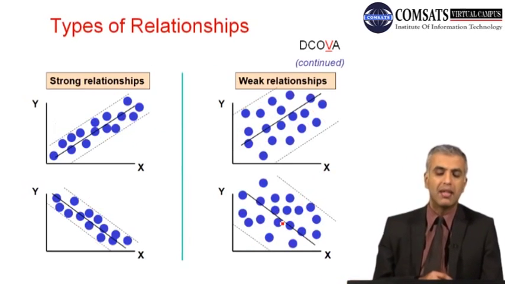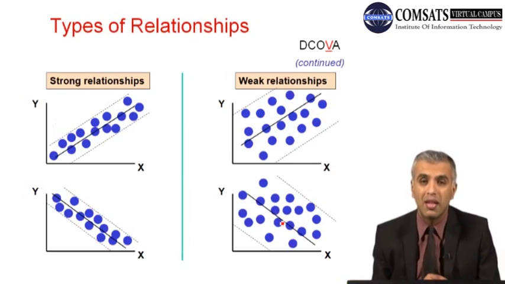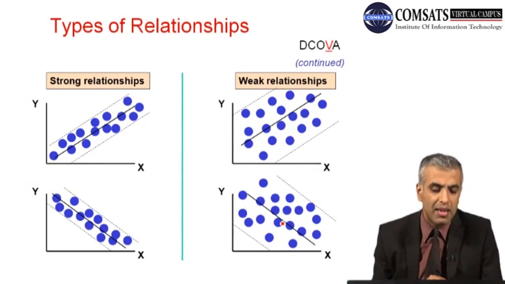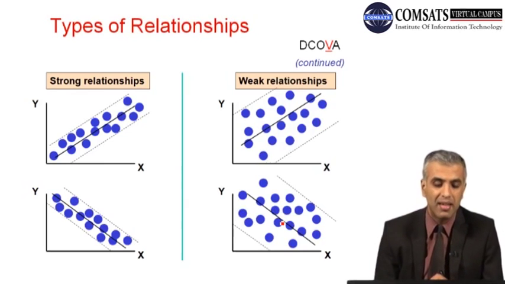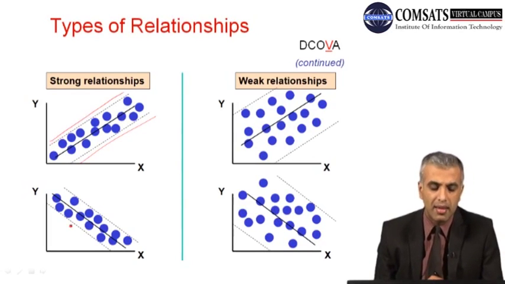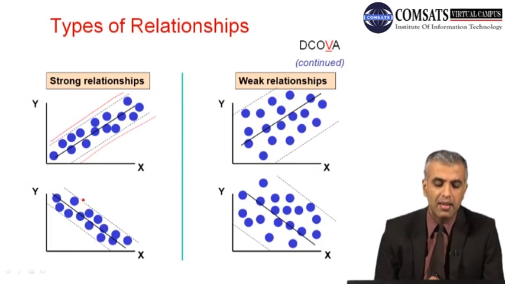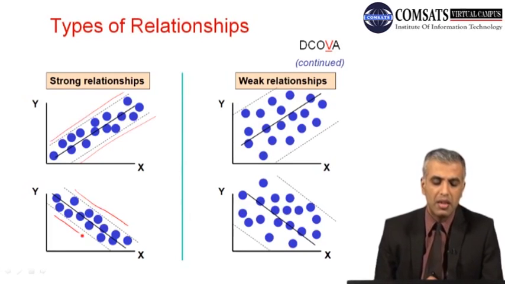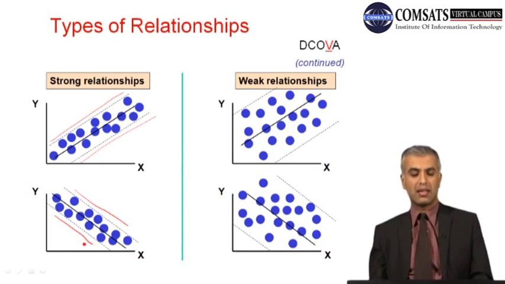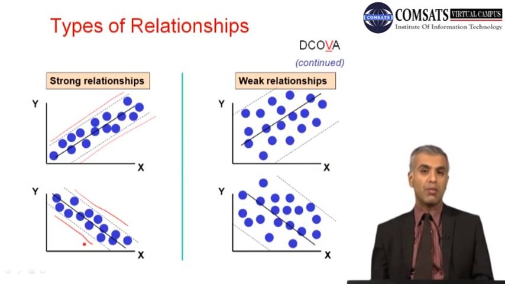Then again, we discussed before how strong relationships are graphically portrayed here, and in this case you can see that these values are close to each other in both the cases. Likewise, here again, in case of a negative or inverse relationship, all these values are closely bound to the line, only the shape is different.